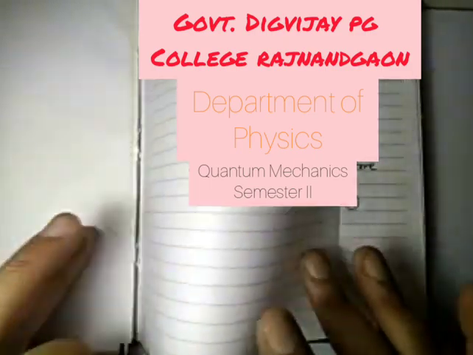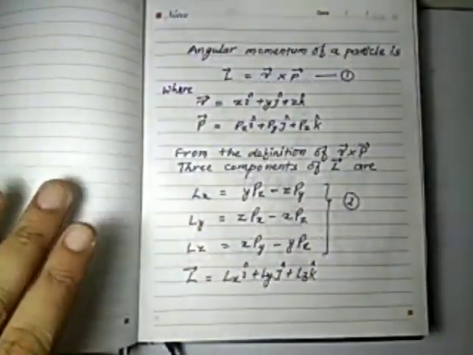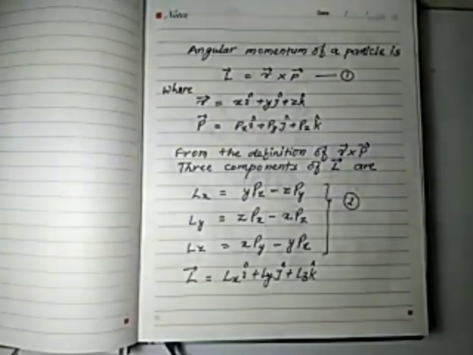So we come to the lecture. As we know, in classical mechanics, the angular momentum of a particle is defined through the relation L = r × p. This is equation number 1.